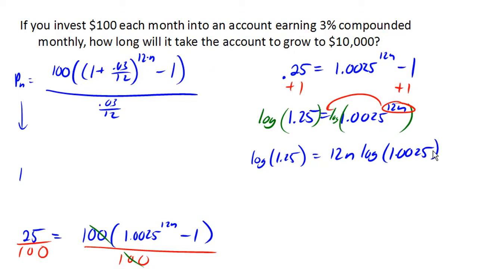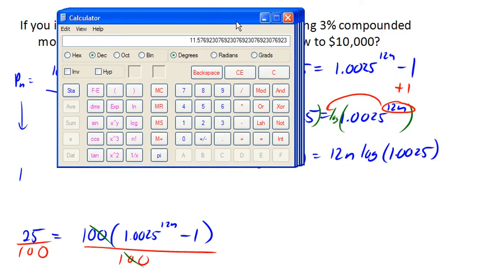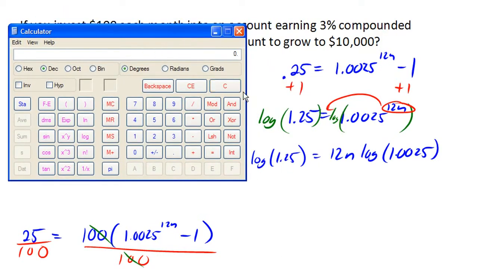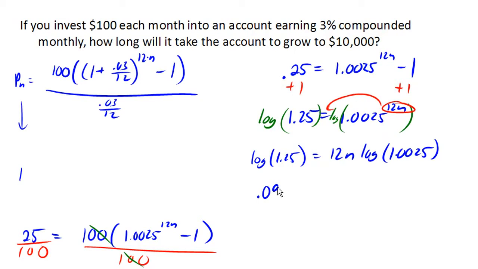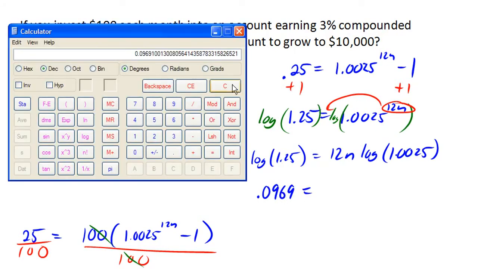So now we can pull out our calculators. On here, we've got the logarithm of 1.25, which is 0.0969. On the right-hand side, we've got the log of 1.0025.